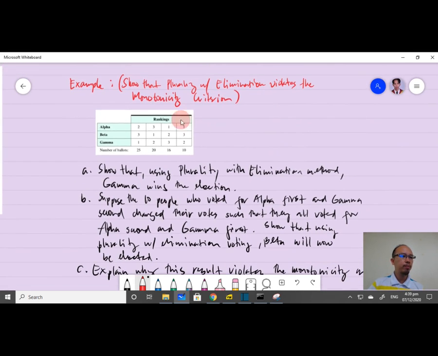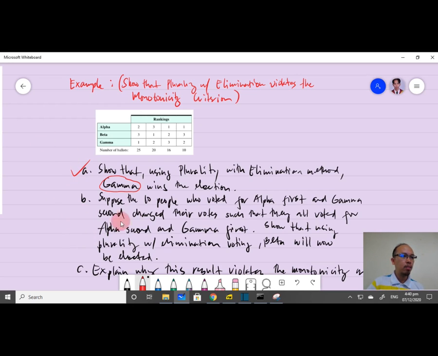So in this example, this is the preference table. Using the preference table, you can verify it at home that the answer for letter A is gamma. Okay, gamma wins the election. So you can verify this at home. We will try to solve letter B.